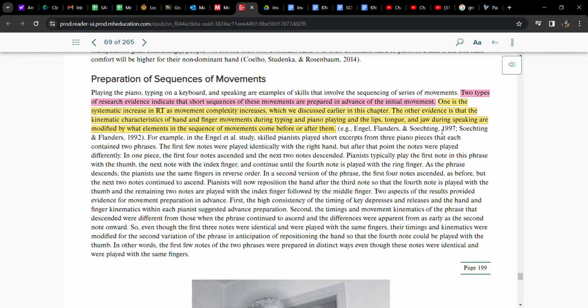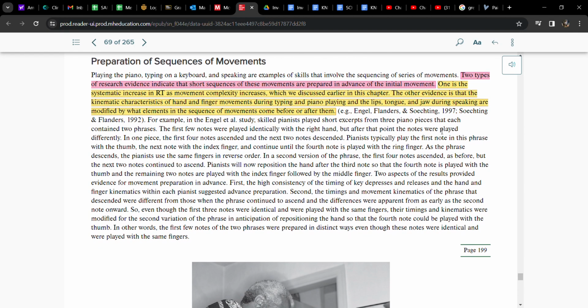So you are constantly preparing these sequences of movements, and this shows the complexity of speech, because even as I'm talking to you right now and I'm trying to describe what we're doing in regards to this motor skill acquisition, I am preparing to speak the next word. So I am orienting my tongue and my lips and my mouth in a way that allows me to continuously speak into this microphone so that you guys can try to understand what I'm saying.